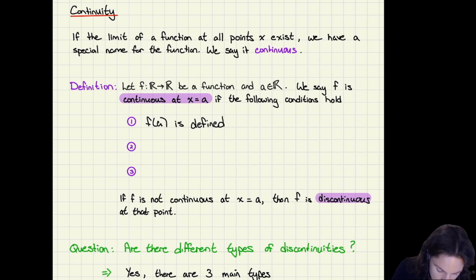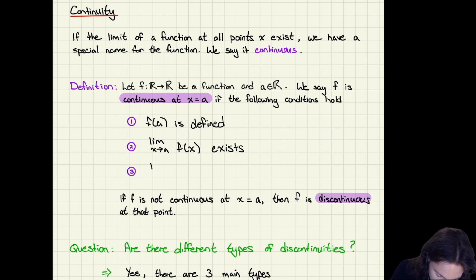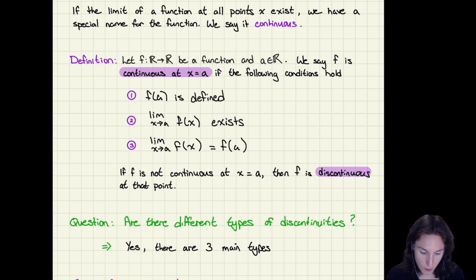The other thing is that the limit as x approaches a of f of x exists, and remember, that's the case if the left and right-sided limits are equal to each other. And the third thing is that not only does the limit exist, but it is equal to f of a itself. And if a function is not continuous at x equals a, we say that it's discontinuous at that point.